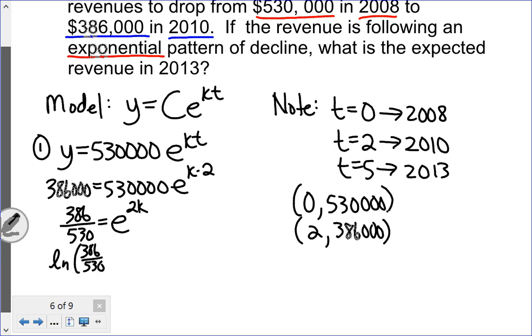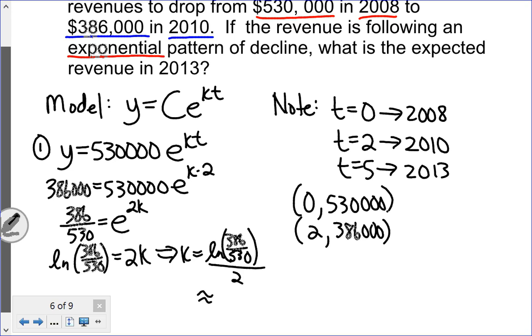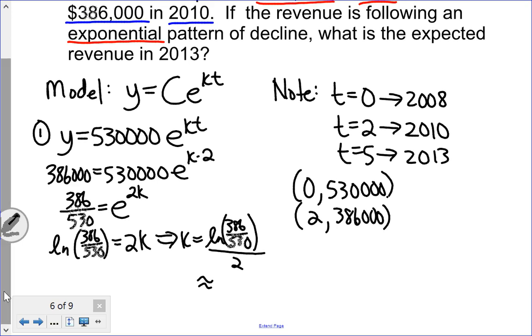So that means that k must be ln of 386 over 530, all over 2. And then let's get a decimal for that because we really want an approximate number; here is good enough. That's negative 0.15852. Now, are we okay with negative?